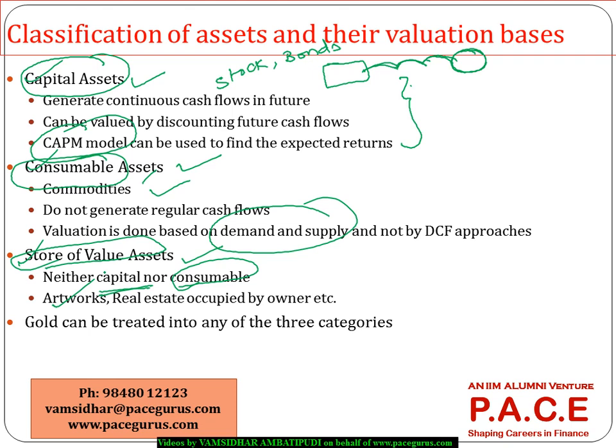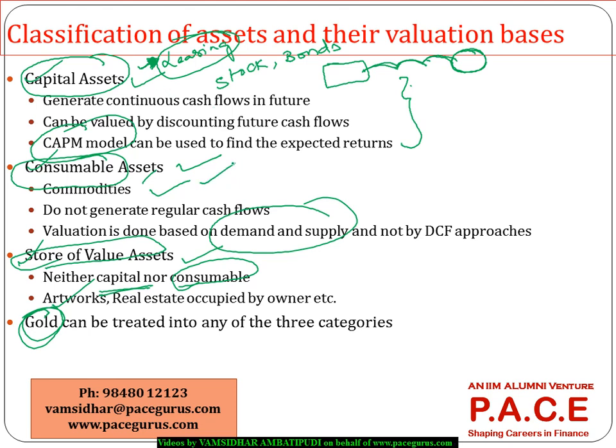Those kinds of assets typically go as store of value, and we are not getting into any valuation mechanisms for them. But the typical thing about gold is it can be treated into any of the three categories. It can be treated as a capital asset because leasing or renting is possible for gold, so regular cash flows can be generated out of it.